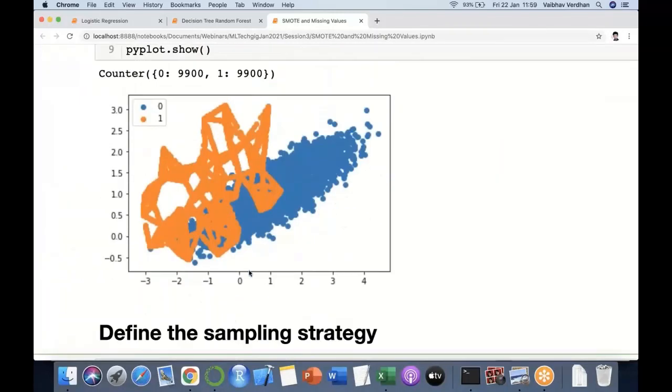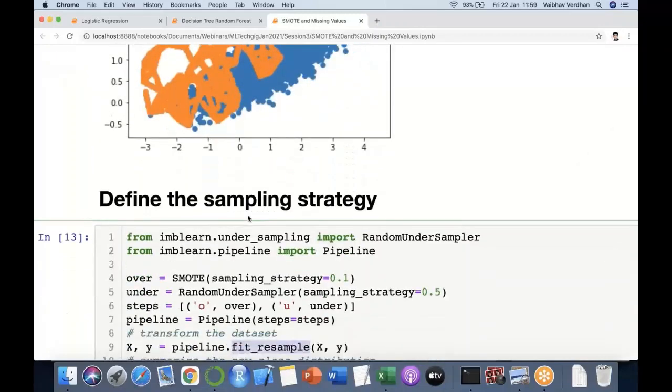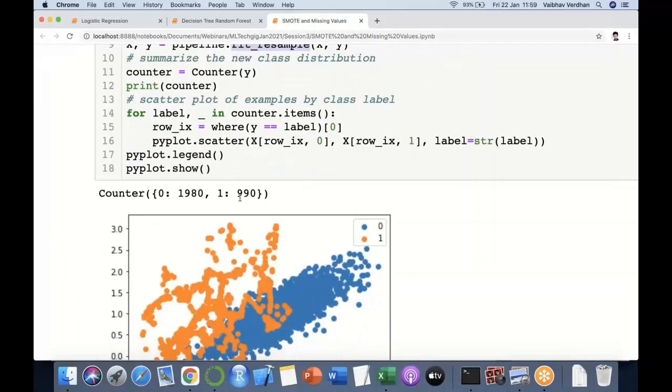By the end, when we treated them equally, they are equally created. If I want to create a 10% of that, that is 1980 and 990. So based on the requirement, or based on my understanding, I can oversample my minority class over here, okay, using SMOTE. Fair enough. Now that was SMOTE.